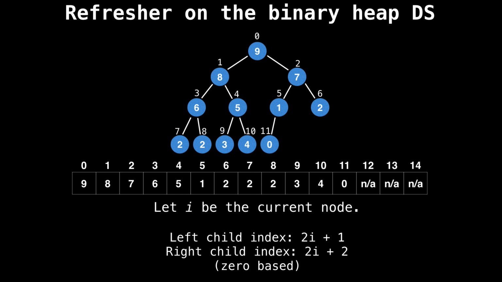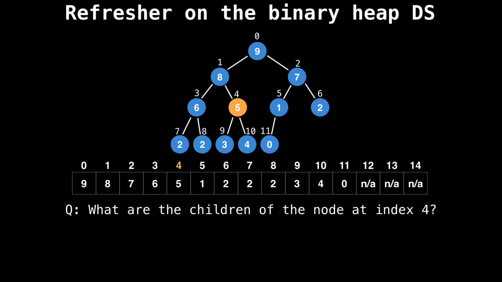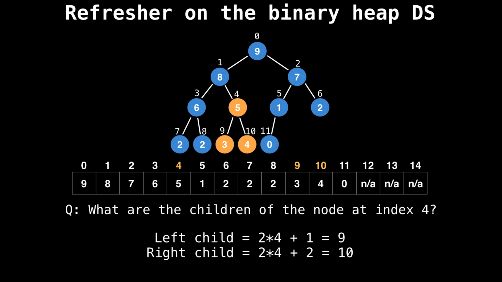The left child is 2 times I plus 1, and the right child is 2 times I plus 2, assuming zero-based indices. As an example, what are the children of the node at index 4? Well, we can just plug I into the 2 formulas I just gave you to obtain the indices 9 and 10. Of course, you can always run the math backwards and figure out what the parent of a given node is. Both of these are especially useful if you're either walking up or down the tree.